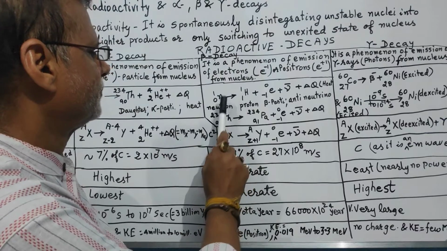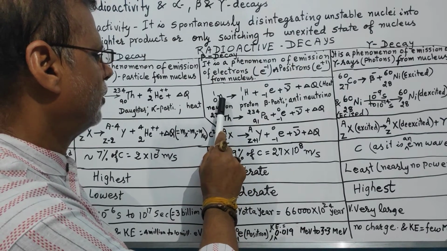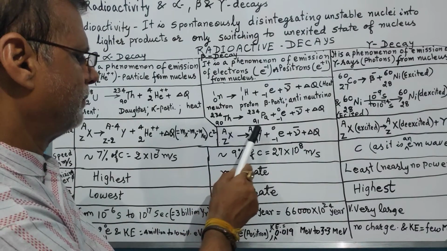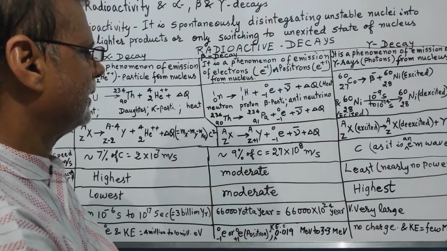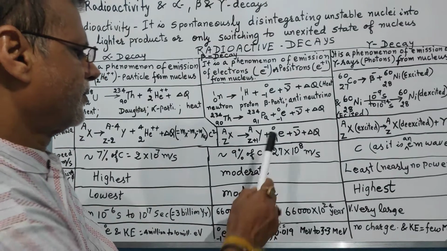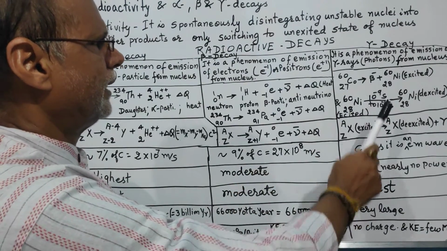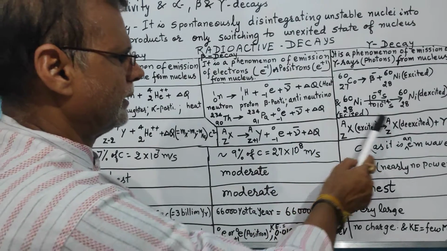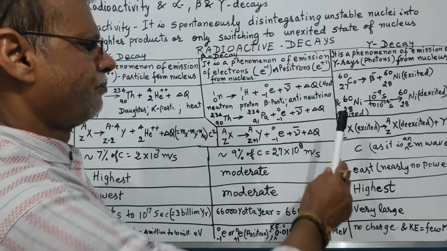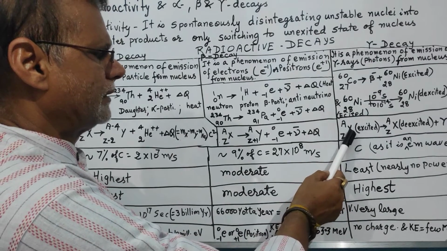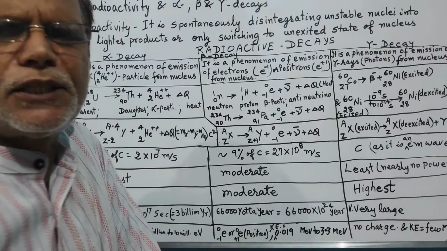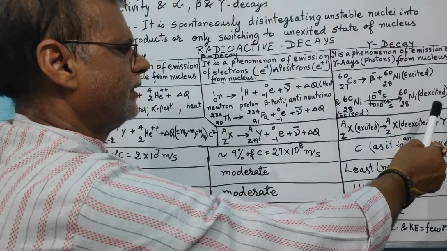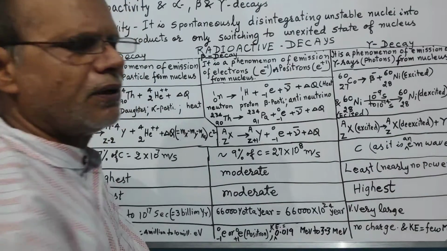Here one neutron is converted into a proton, so the mass number remains the same, but the atomic number is increased by 1. In gamma decay, there is no change in atomic number or mass number, because the nucleus only converts from excited state to de-excited state, and an equivalent amount of energy is produced in the form of gamma rays.